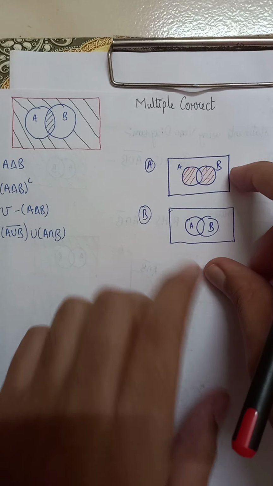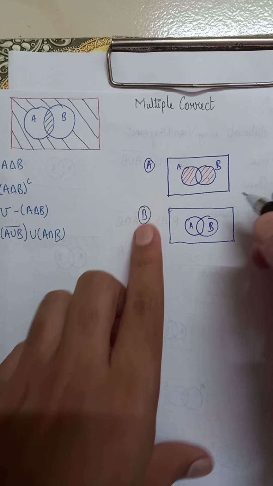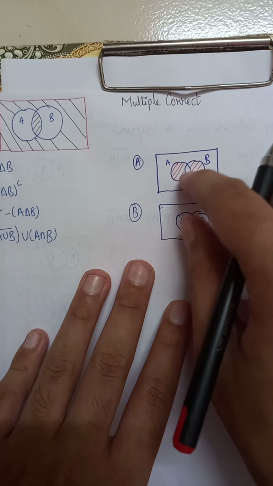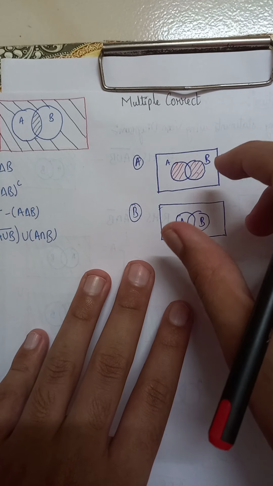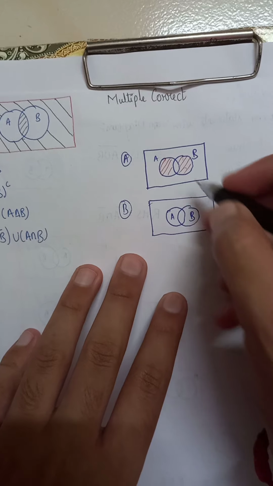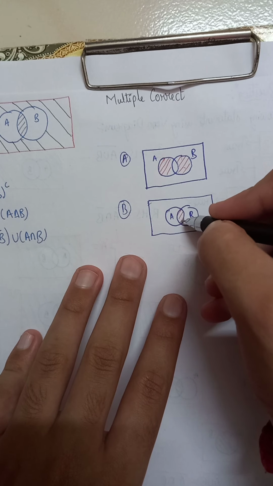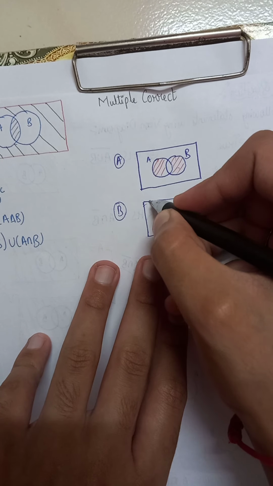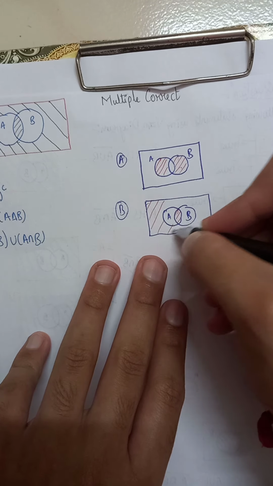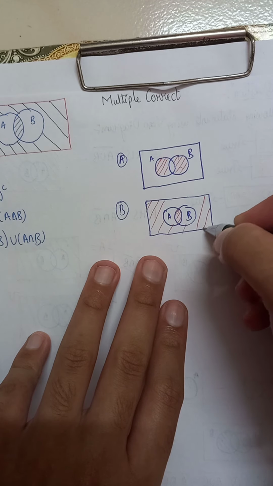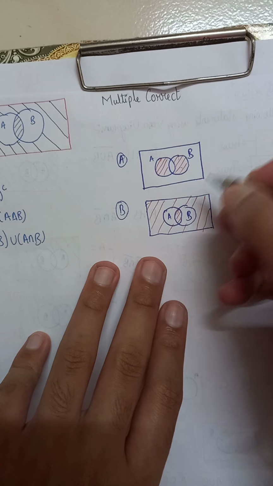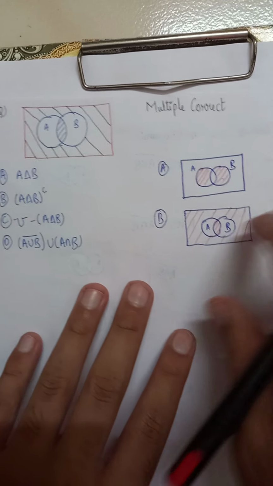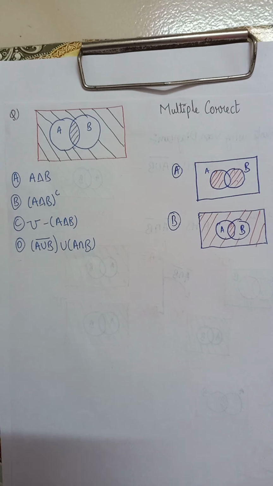So you have to shade the parts of this Venn diagram which are not shaded in the previous one, and you should not shade the parts which are shaded in that one. See, this common region is not shaded. These both are shaded, but we are not going to shade those, so we're going to shade this. I've explained to you how to do all these things. So this is how we represent the symmetric difference of A and B complement. You can see that these both are matching.